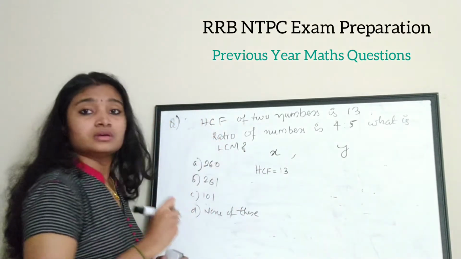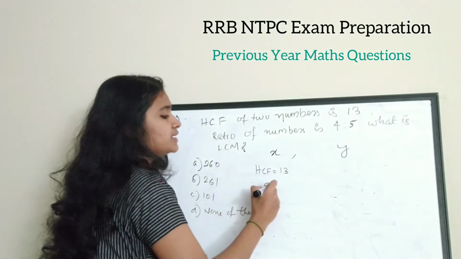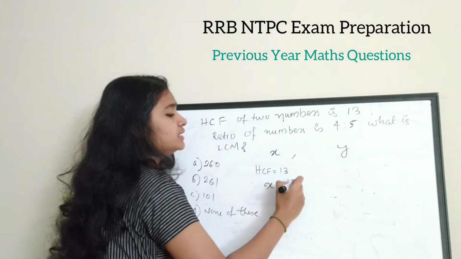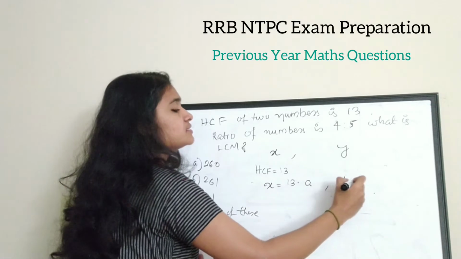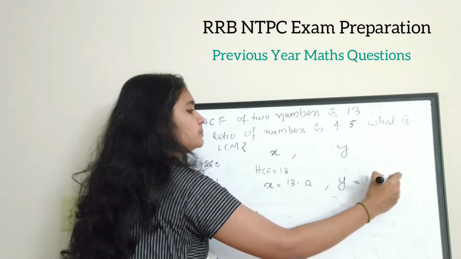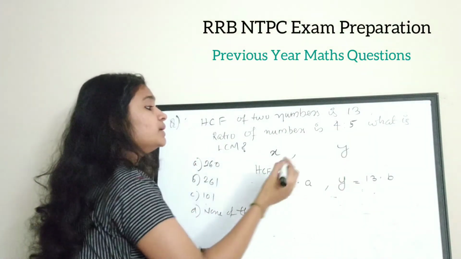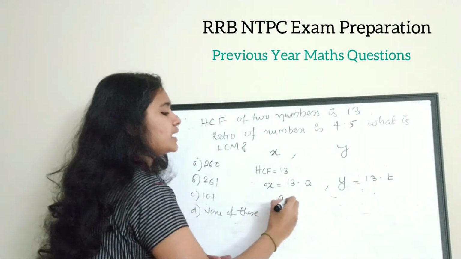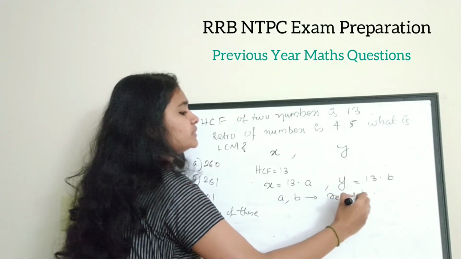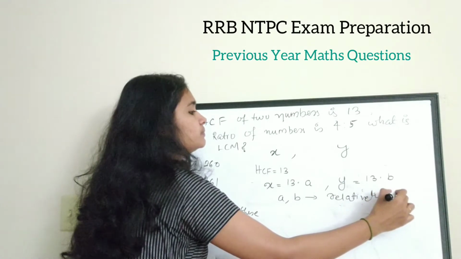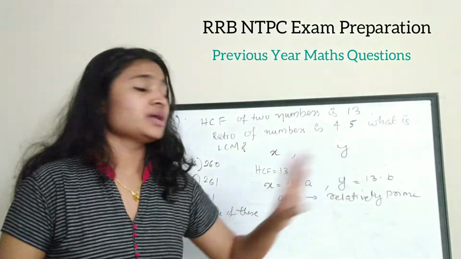So if HCF is 13, I can write X as 13 into A, and I can write Y as 13 into B. Now you don't know anything about A and B, but I know one thing, that A and B are relatively prime numbers. How can I say that A and B are relatively prime numbers?